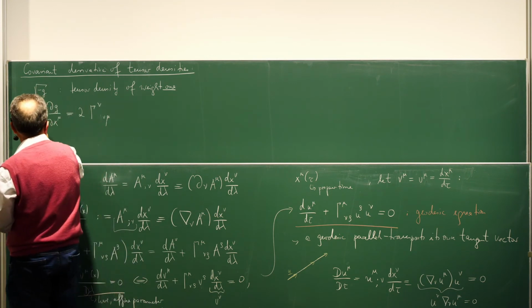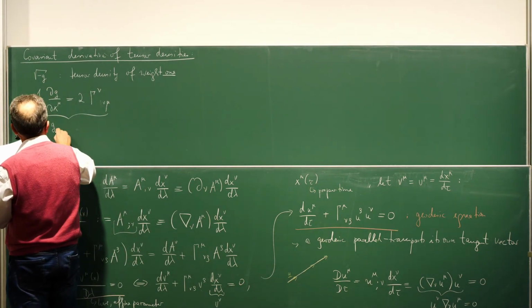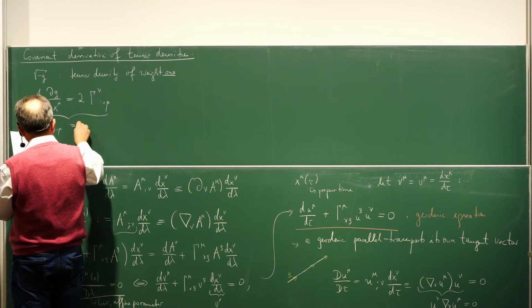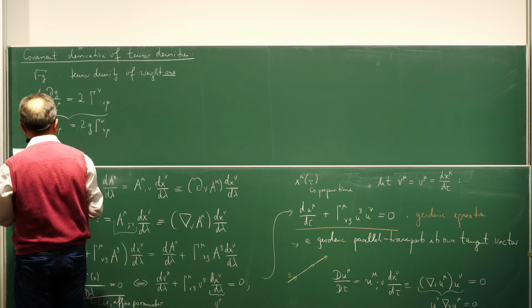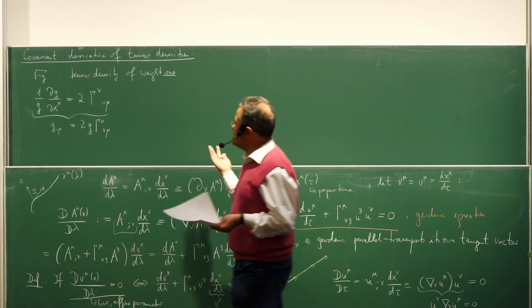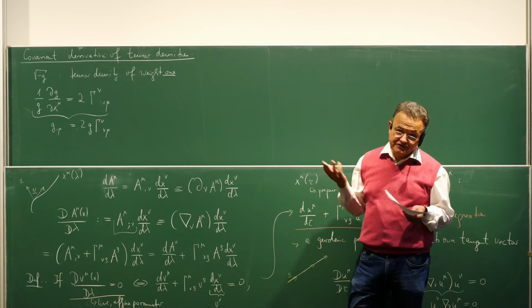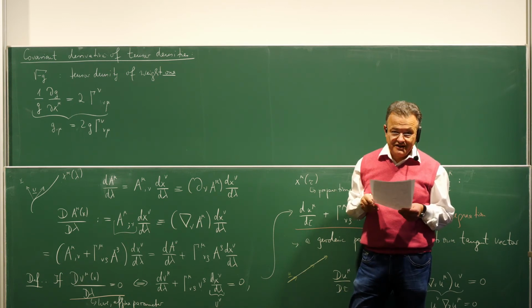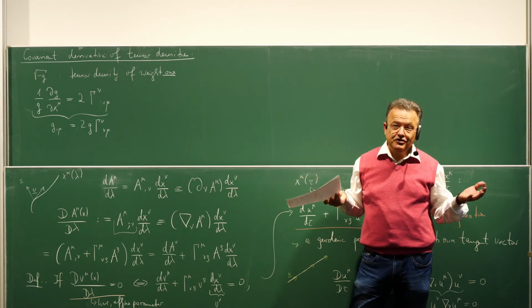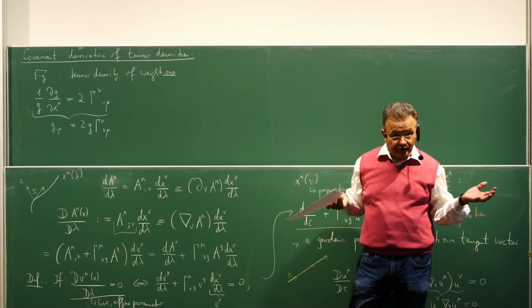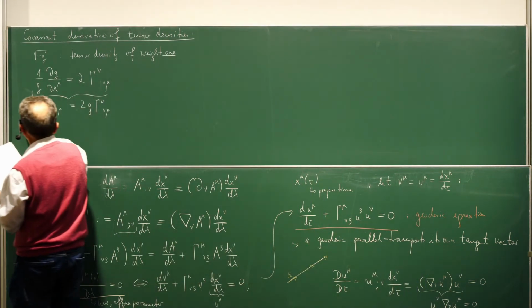We can also multiply by g, and so we have g comma mu, which is 2g Gamma^nu_{mu nu}. Okay, g is not a scalar, so its covariant derivative is not expected to be equal to the partial derivative, but of course we have to know the covariant derivative of the determinant of the metric.